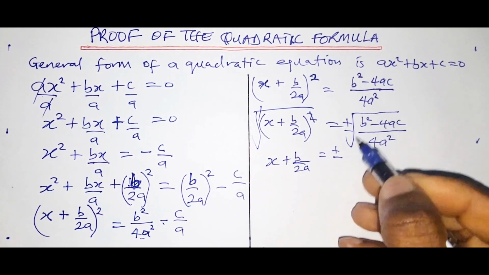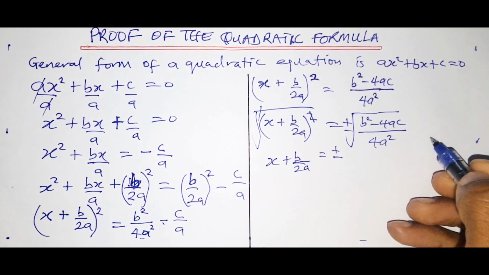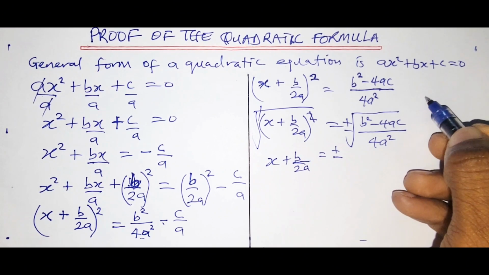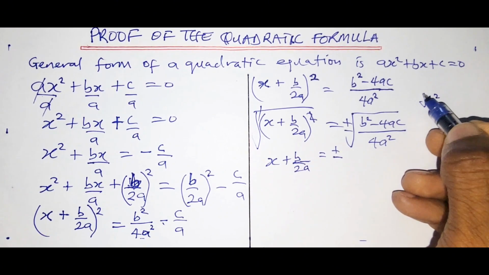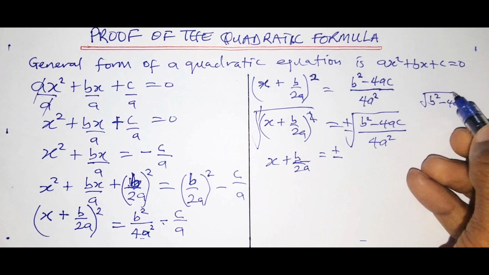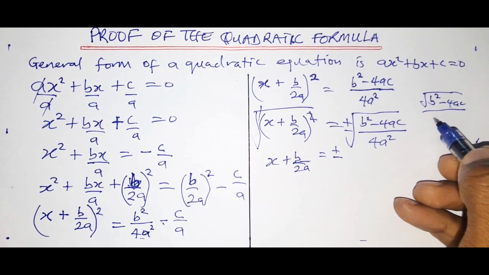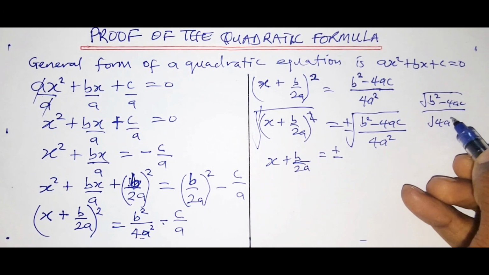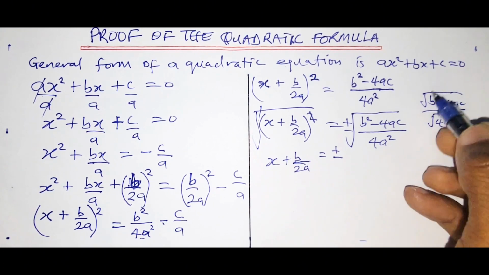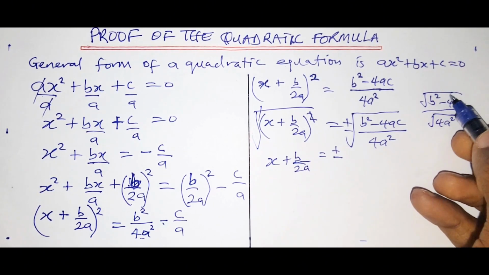Let me remind you that what you have here is the same thing as, let me write it somewhere here, square root of b squared minus 4ac all over square root of 4a squared. And this one here, you cannot find the square root of b squared minus 4ac.